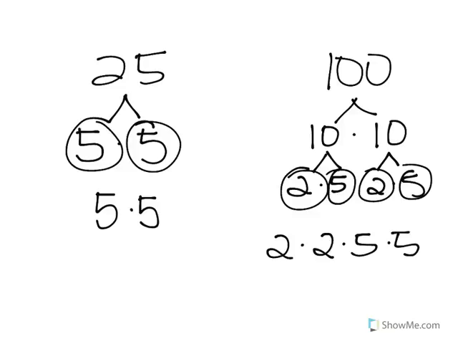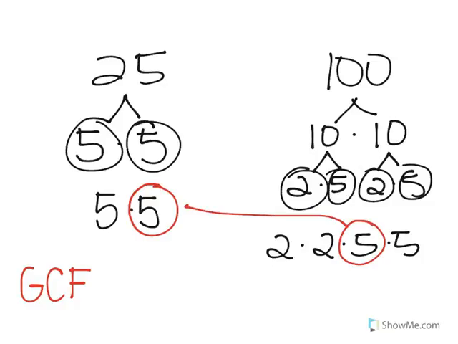Now, to find the greatest common factor, we need to find pairs between these two sets of numbers. So this 5 can match with this 5. And since they're one pair, I'm going to write it down once. So a pair of 5s gets written down once.